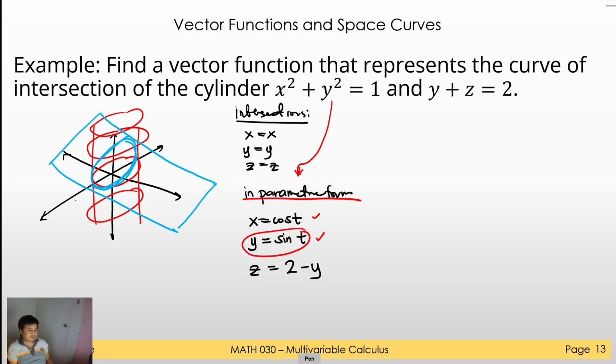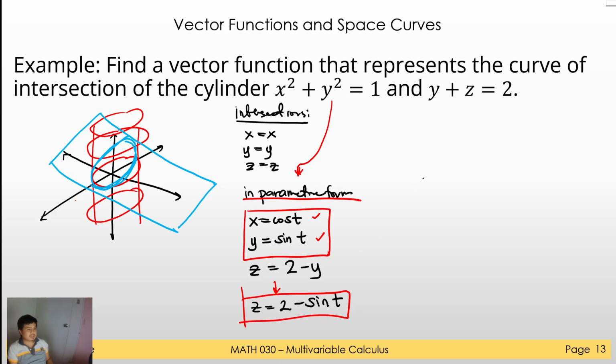We recognize that this y can be substituted here. So we have z is equal to, no? So this can be simplified into z is equal to 2 minus sine t. So therefore, this is your space curve, no? Roughly this is your parametric equations that represent this space curve.